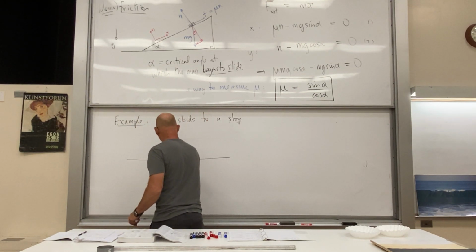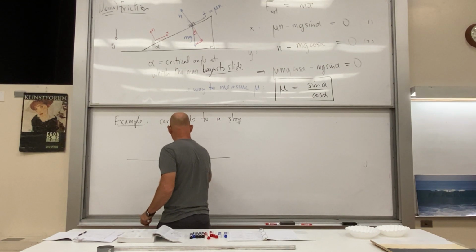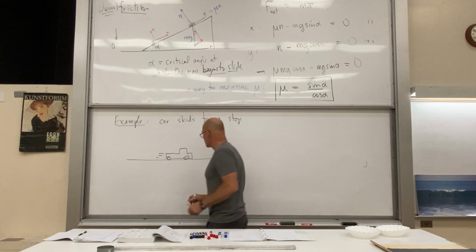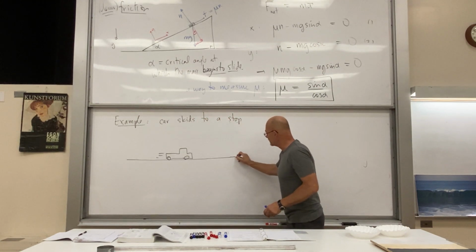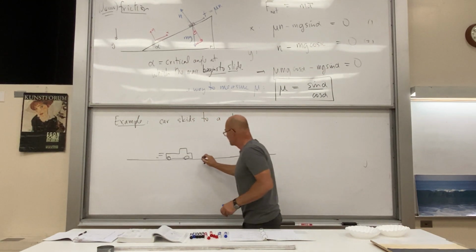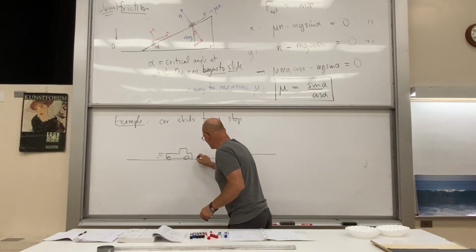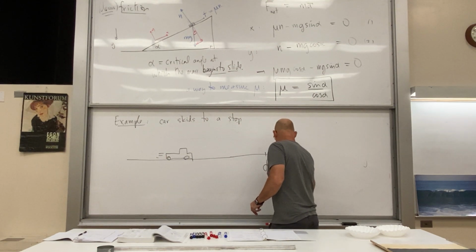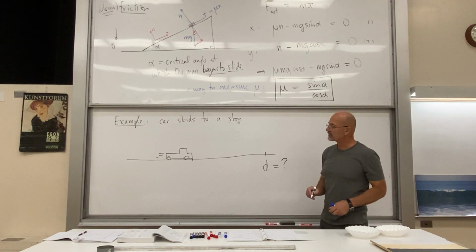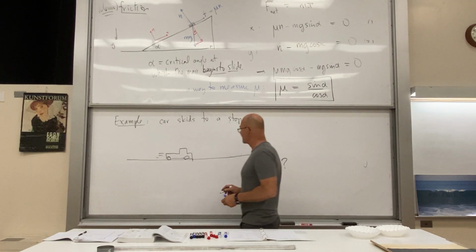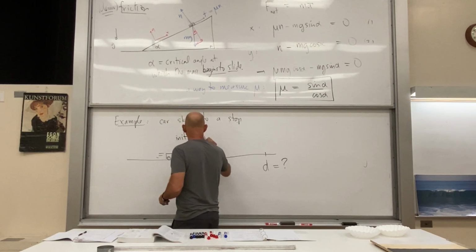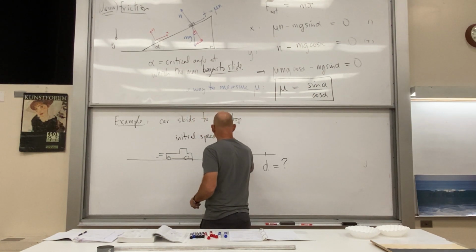So here's our car, let's let it be a truck. Okay, it's moving along, and it's going to come to a stop. Hit the brakes right here. How long does it take to come to a stop? And the car has initial speed v0. Okay.